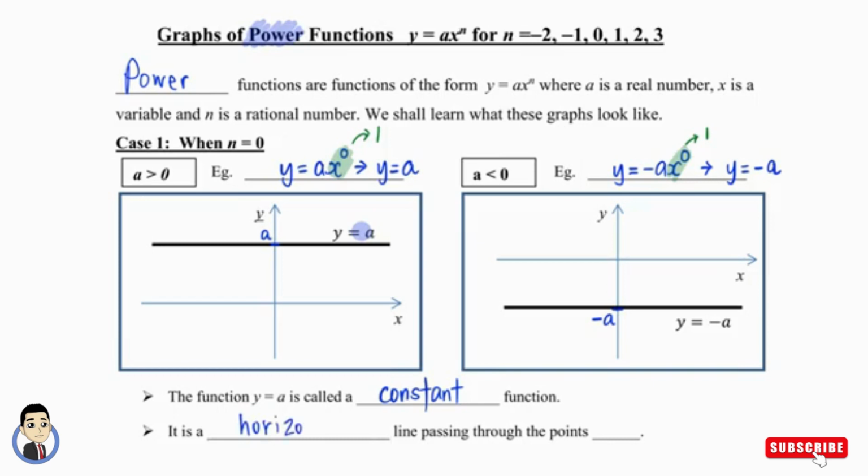Horizontal line. And it passes through the point (0, a), which is this point here, the y-intercept.